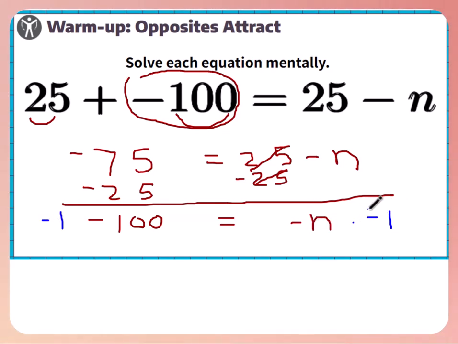Two negatives are going to make a positive. So now we have positive n equal, two negatives make a positive, positive 100. Now you could have done this mentally just by saying there's a 25 on both sides and subtract that 25 from both sides. You would have gotten negative n equals -100, and then you would have multiplied both sides by a -1 to make both of those positive and still gotten n equals 100.